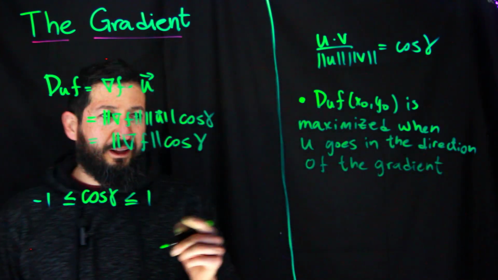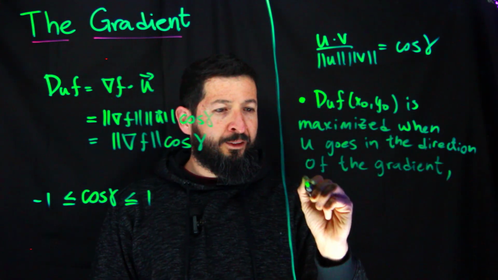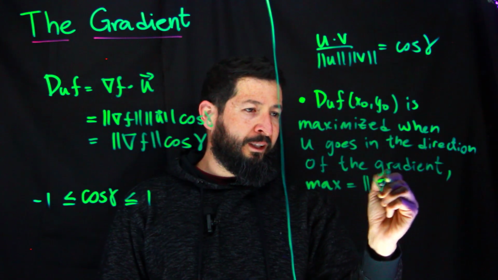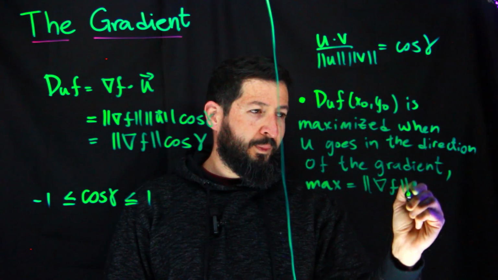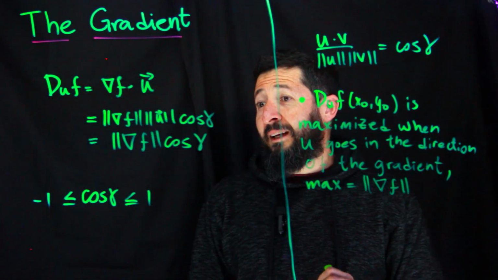And when that happens, the maximum value is equal to the magnitude of the gradient itself, because then the cosine is 1.